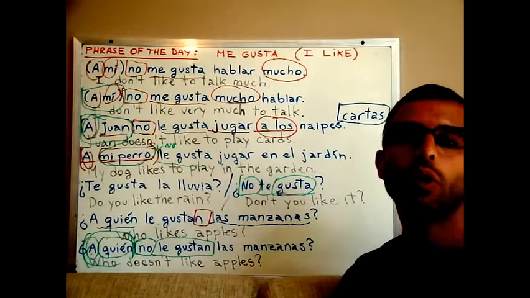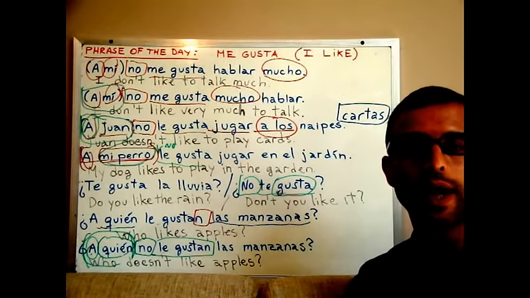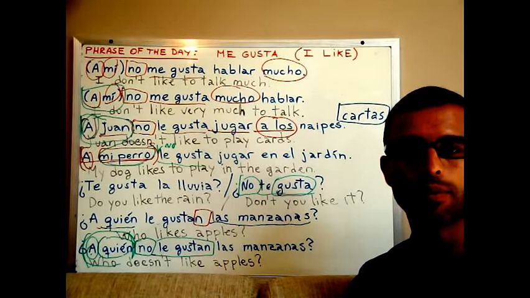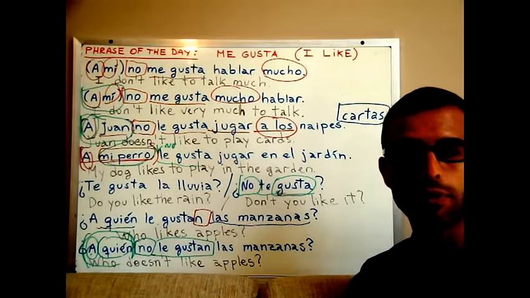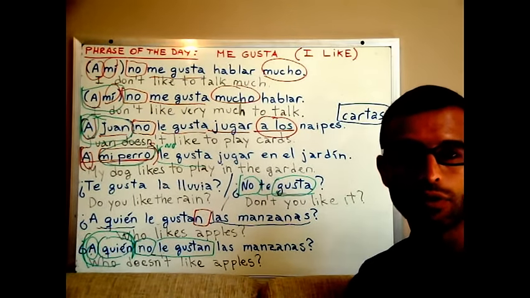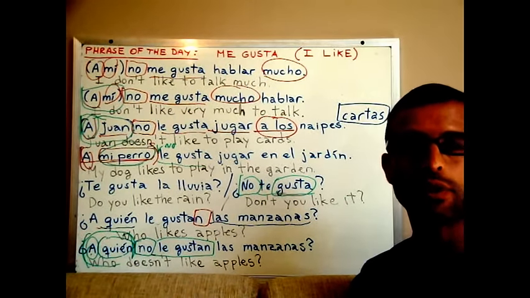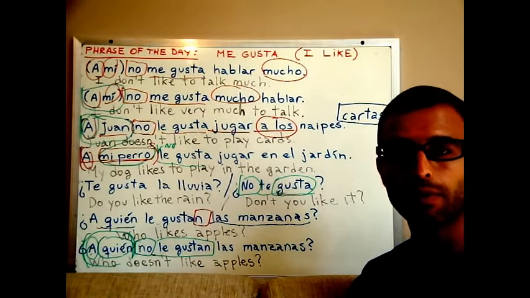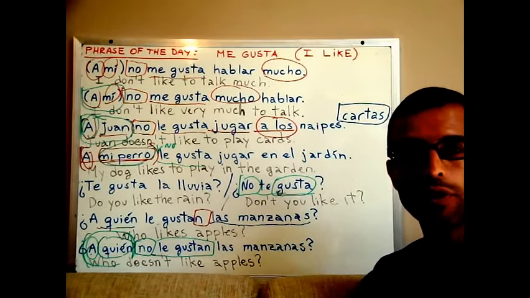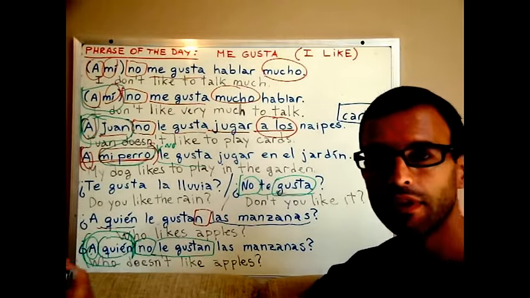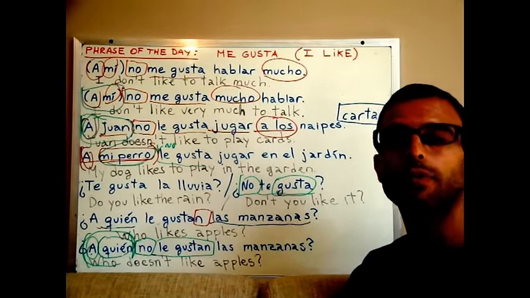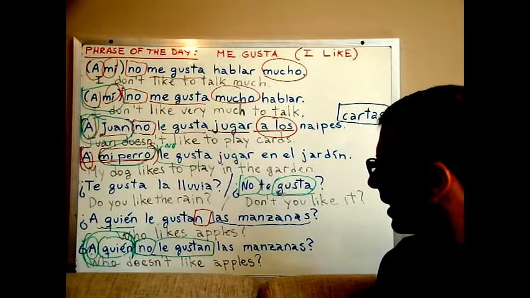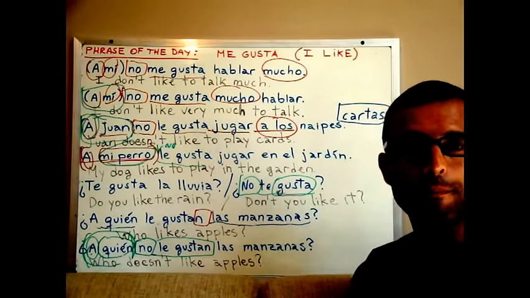Another thing, when we say, do you like apples or don't you like apples? The word apples is generic, right? We are talking apples in general. That's why we are not using an article. We don't say, don't you like the apples? Because if we use the article, we are speaking specifically of these apples, right? If we say, don't you like apples, we mean, don't you like apples in general? In Spanish, it's the other way around.